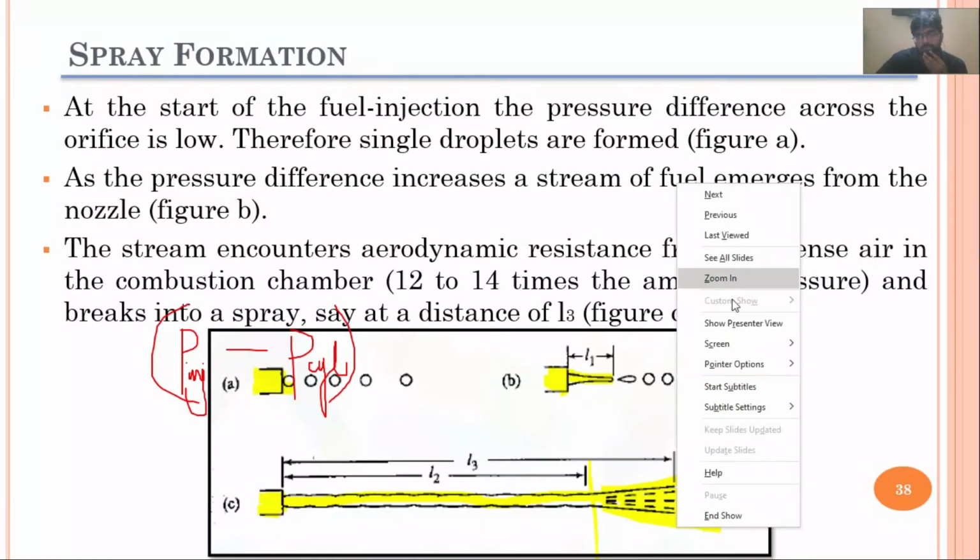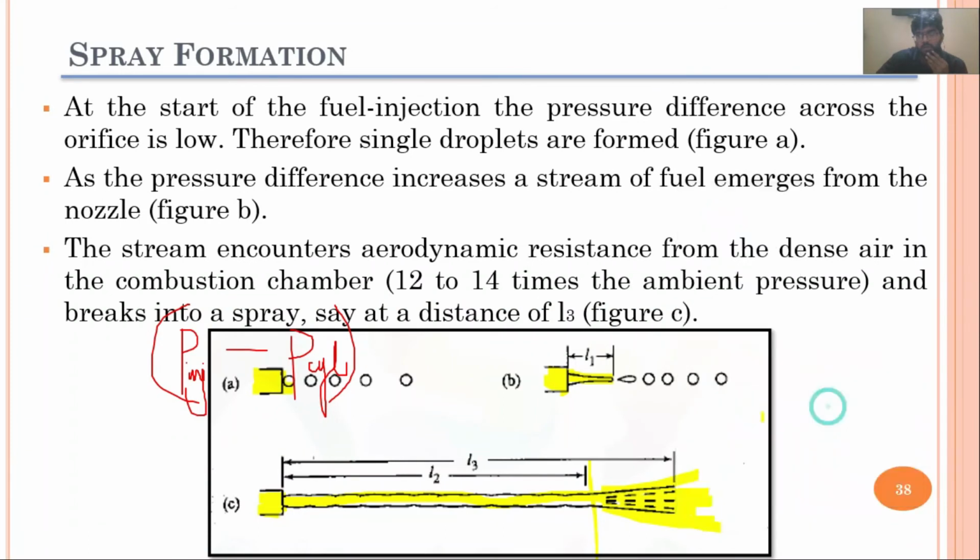So what will happen here is that at the start of the fuel injection, the pressure difference across the orifice is low.